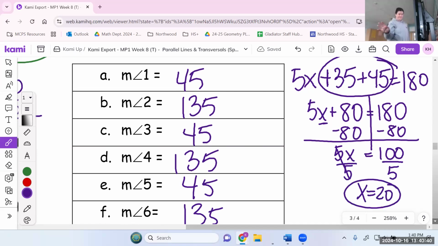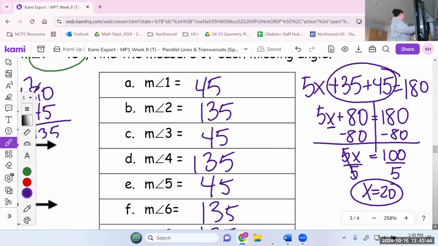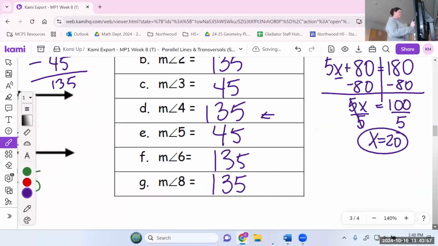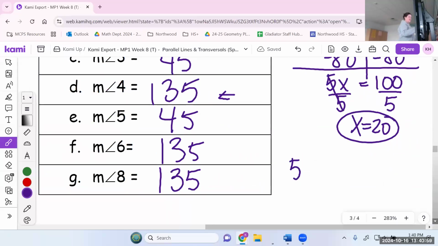So there's one way. But if you're like, oh, but it told me that angle 4 is 5x plus 35, and I already know angle 4 is 135, right? So if I said 5x plus 35 equals 135, some of you might already see this.